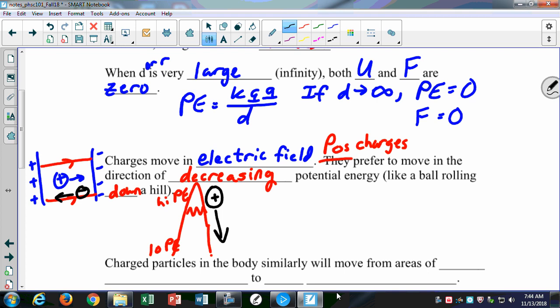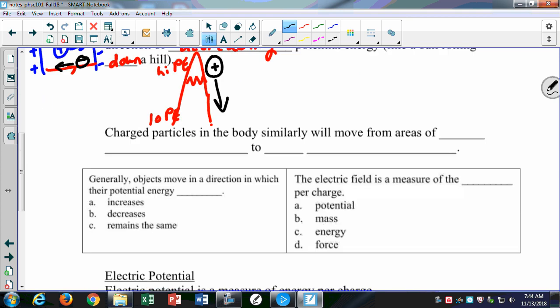Okay. So charged particles in the body, when we talk about this, probably next time, will similarly move from areas of high potential energy to low potential energy.